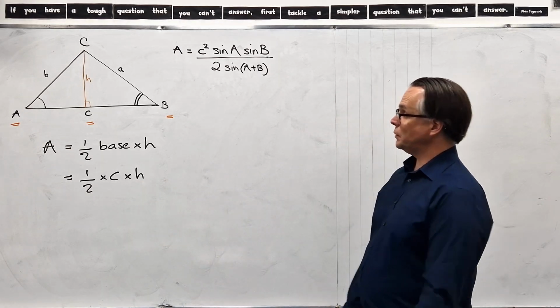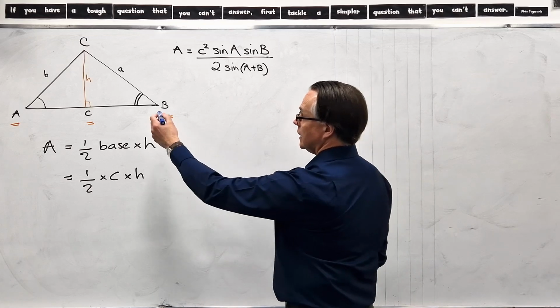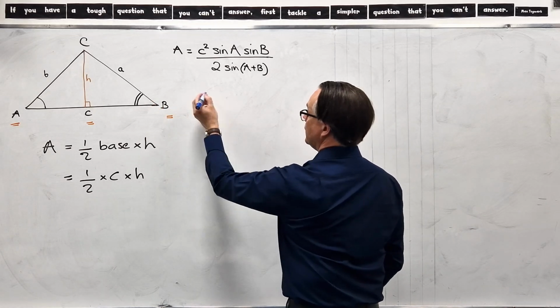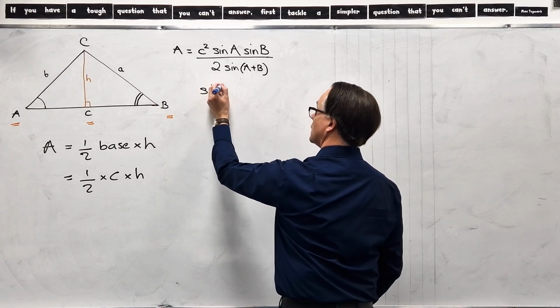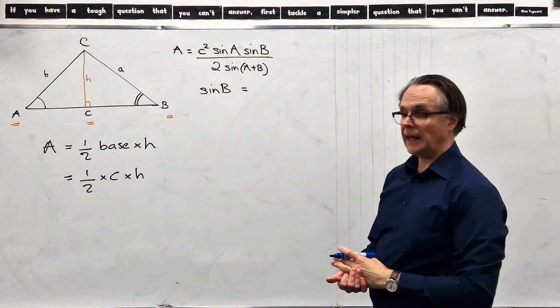So what do we know about H? We know that sine of B is equal to H over A.